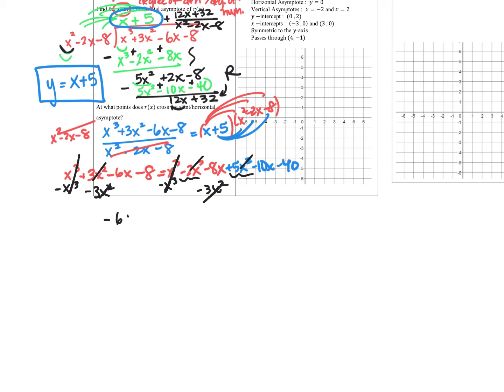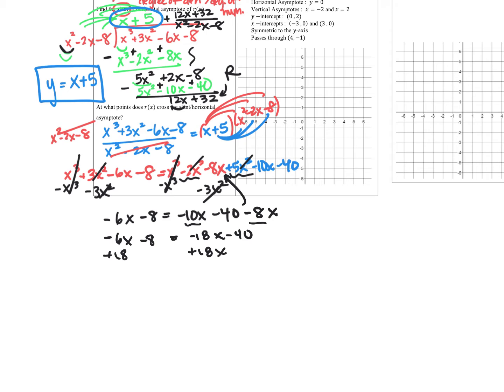Right now I'm left with negative 6x minus 8 is equal to negative 10x minus 40, which I just realized I left out that negative 8x, so there's still a negative 8x also. So it looks like negative 6x minus 8 is equal to, putting those together, negative 18x minus 40. So put the x's together, I'll add 18x, that's going to be a negative, oops, not negative.